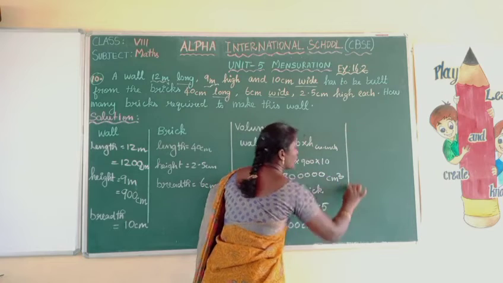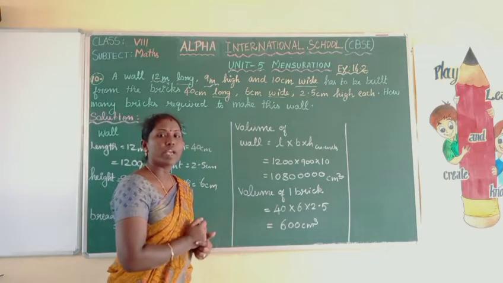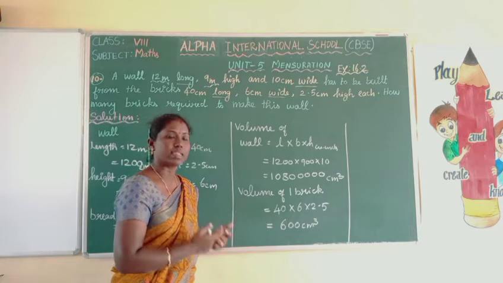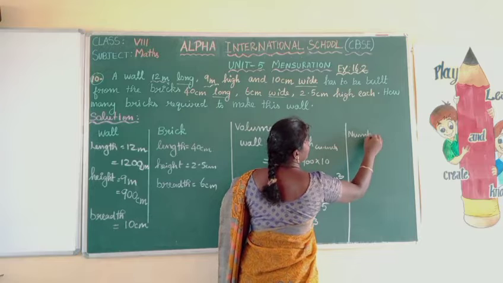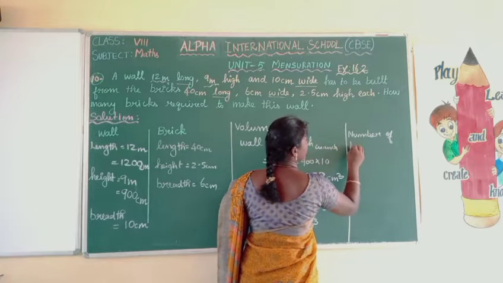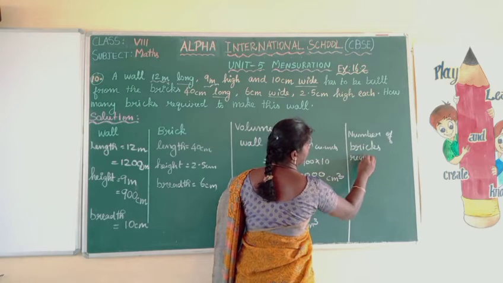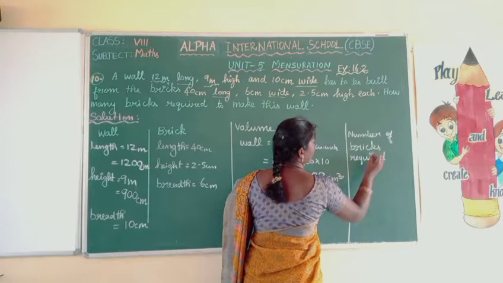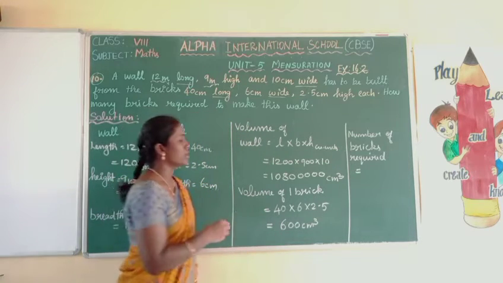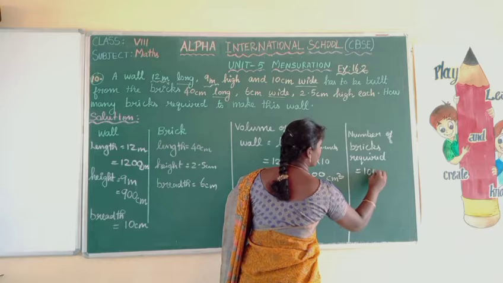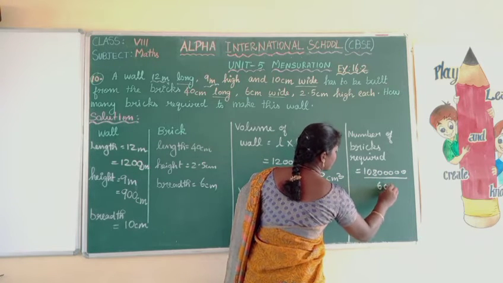Now we have both volumes, the volume of the wall and the volume of the brick. Here what we have to find is the number of bricks required. So number of bricks required is equal to volume of the wall divided by volume of one brick. The volume of the wall, 108000, by 600.